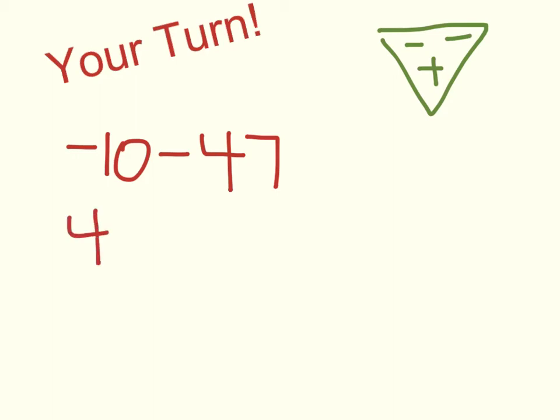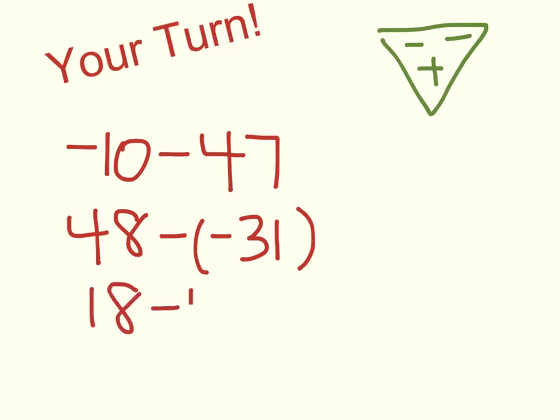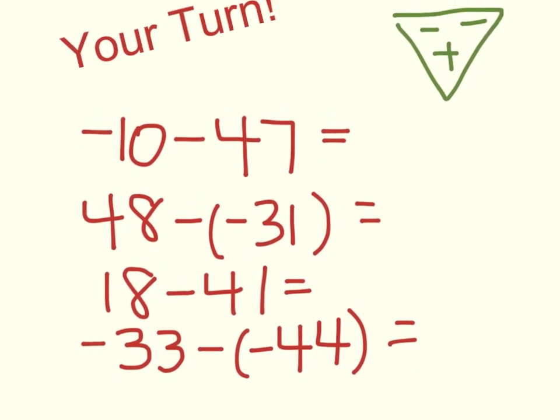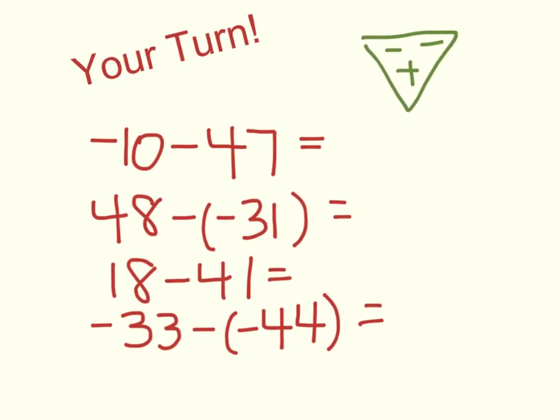And then 48 minus negative 31. 18 minus 41. And negative 33 minus negative 44. So pause the video and start working on those 4 problems. Use the fox face, and then check in with me when you think you have all the right answers. Good luck!